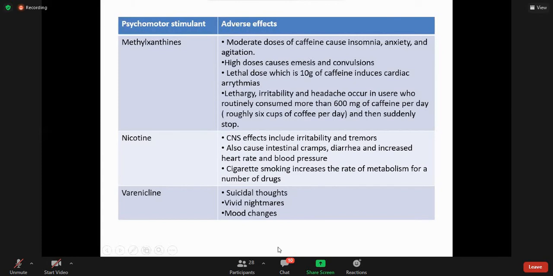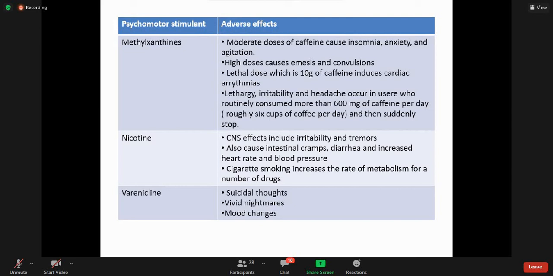That means if a person is a chronic or chain smoker, it will produce activity related to P450 enzyme induction. So a drug may not show its effectiveness at normal therapeutic concentration, because it is metabolized quickly due to enzyme induction activity, right? So in that person we will have to give a dose above the normal dose. So we must keep this point in our mind.